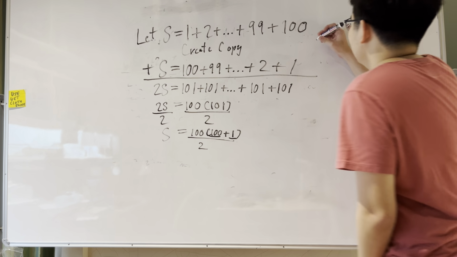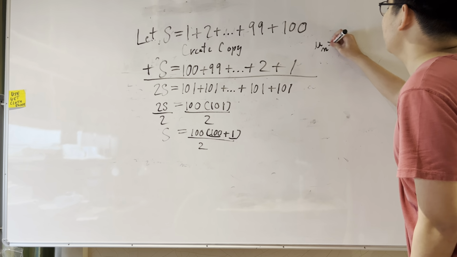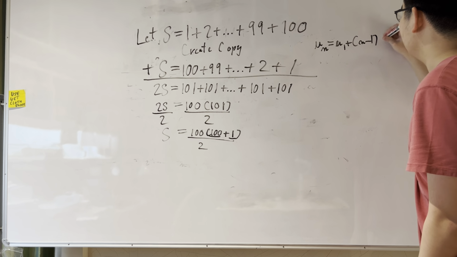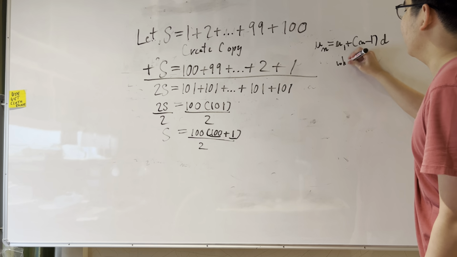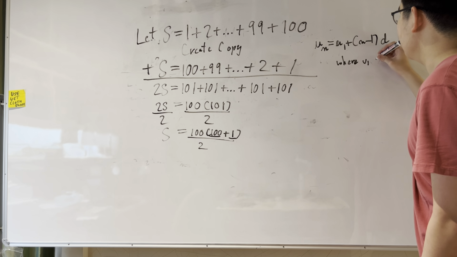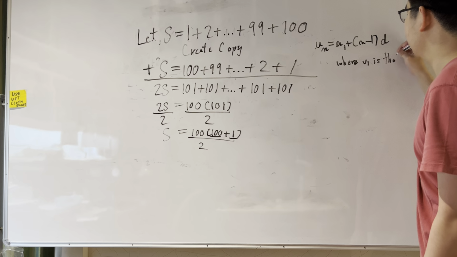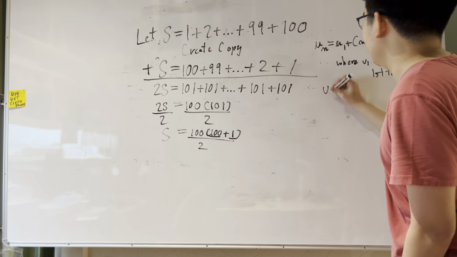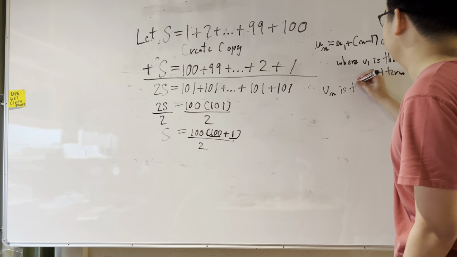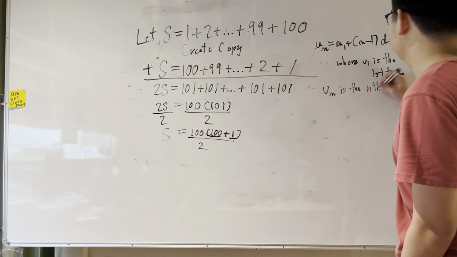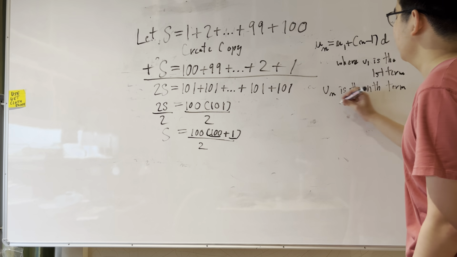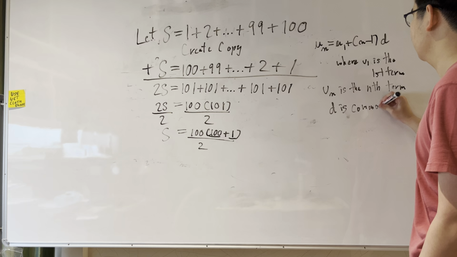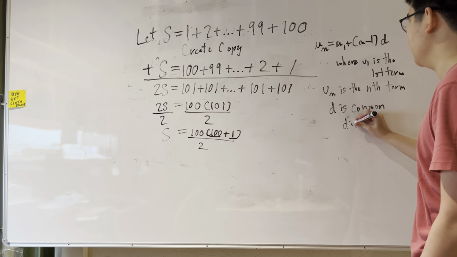And I remind you that an arithmetic sequence is described by this: un equals u1 plus n minus 1 times d, where u1 is the first term, un is the nth term, d is the common difference, and n is the counting number.